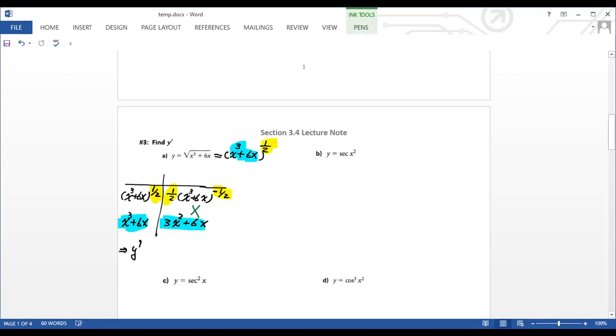My answer is y prime equals 1/2 times x cubed plus 6x to the negative 1/2, so I can put it on the bottom, the square root of x cubed plus 6x. Now what is the top here? The top will be 3x squared plus 6. And that is our derivative.